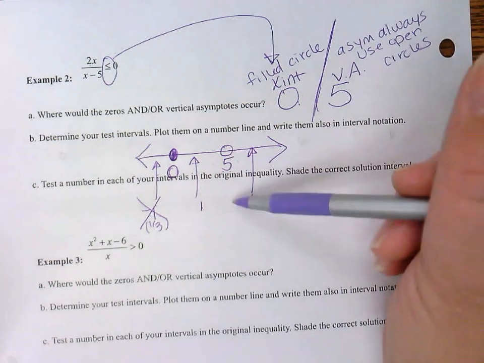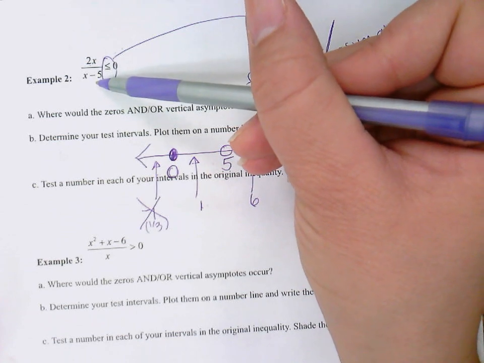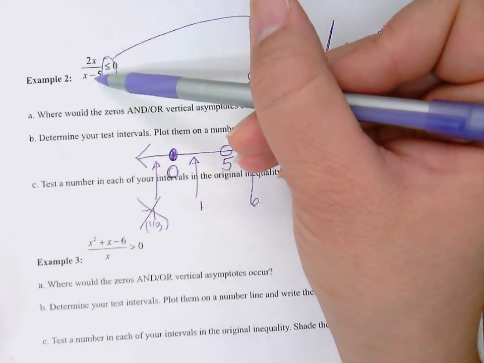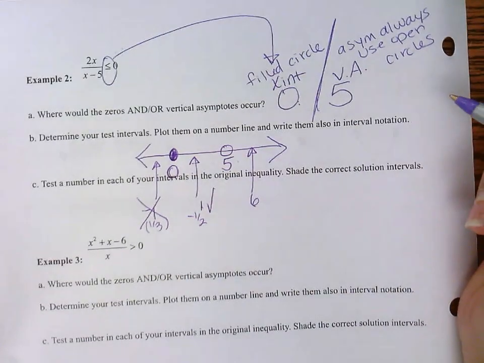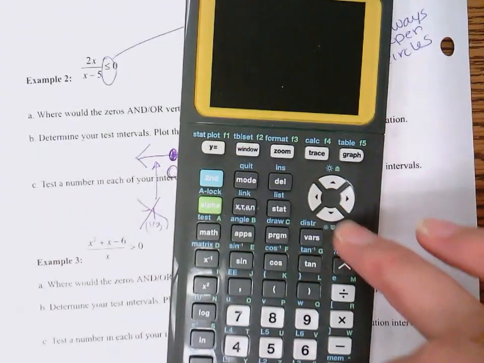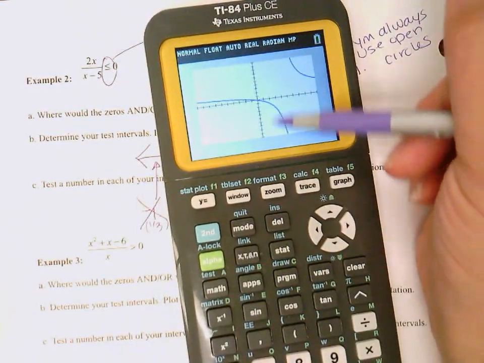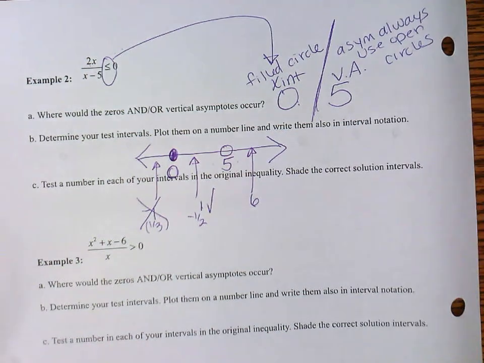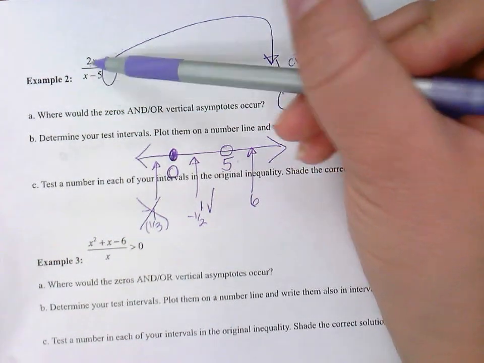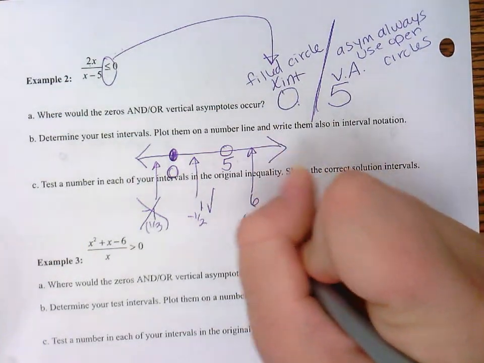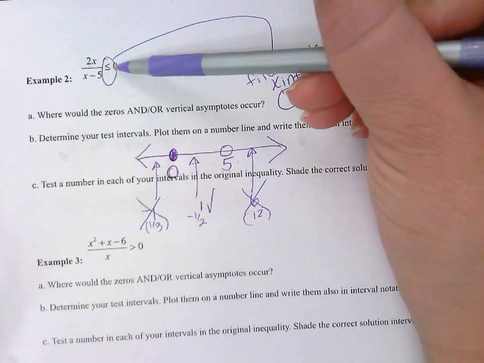If I plug in +1, I get 2 over -4, and 2 over -4 is -1/2. So that region works. I already know that region's going to work because I kind of cheated and looked at the graph, so I knew that this region was below the x-axis. If I plug in 6, I would get 12 over 1, which is 12. That's a positive value, so 6 also fails because I want negative values.